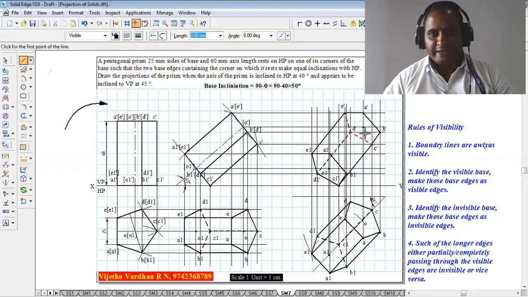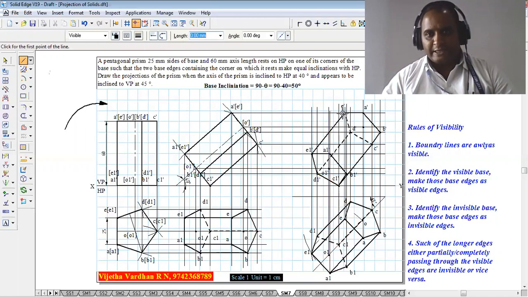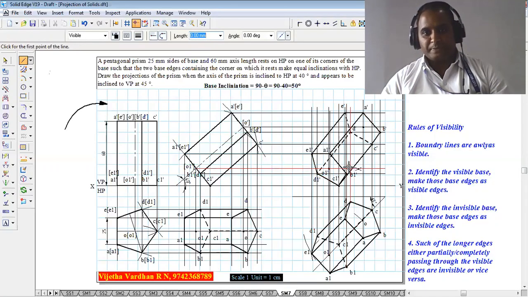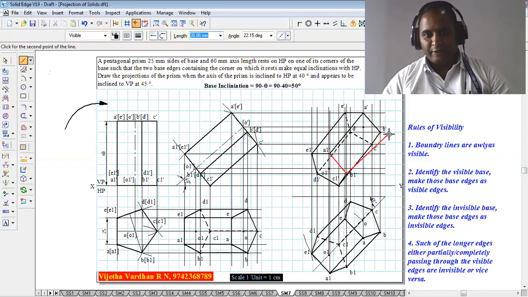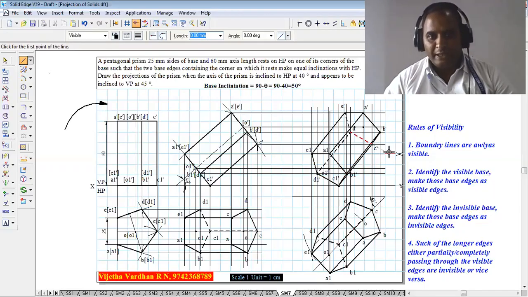In the same fashion, you can see the base ABCD is invisible. If I connect A1 to A, it is passing inside the invisible base, hence it must be visible. In the same fashion, if I connect B and B1, it is also partially passing inside the invisible base, hence it must be visible.